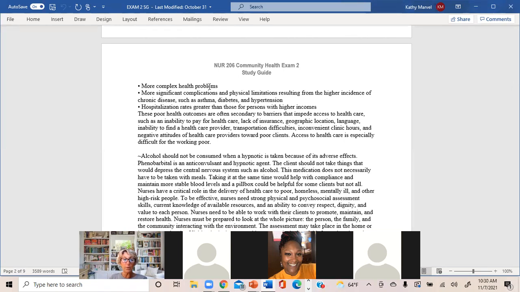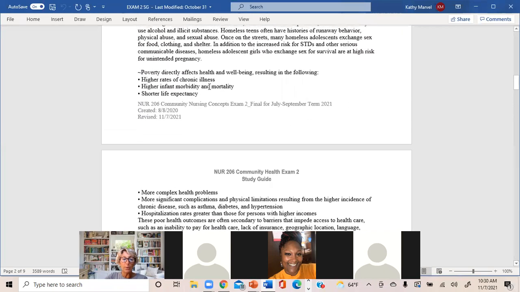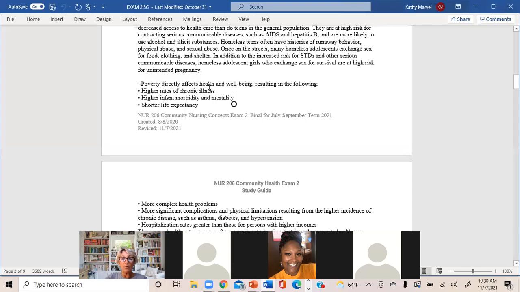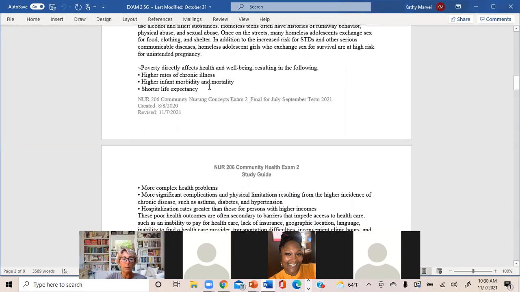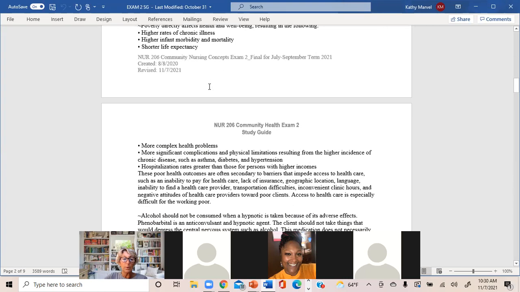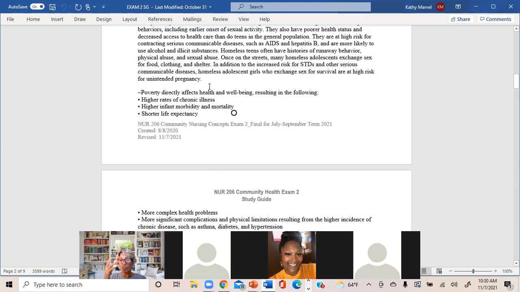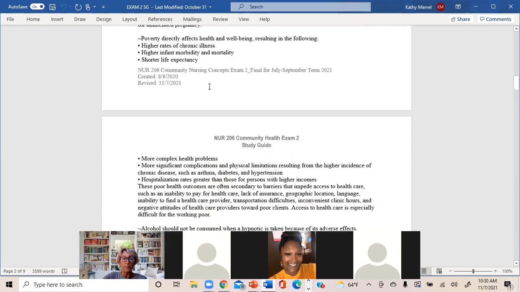Hospitalizations are definitely increased. So this is a good list of how poverty directly affects health and well-being. Those 6 bullets, I'd put those on a card, put those on an index card. Okay.